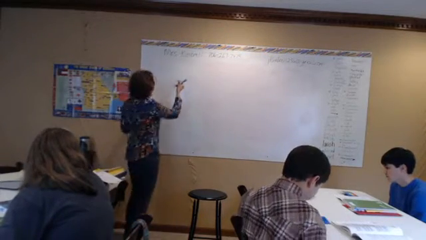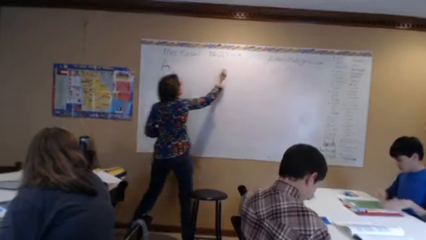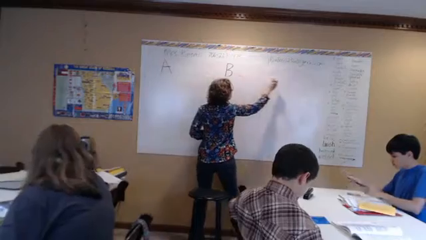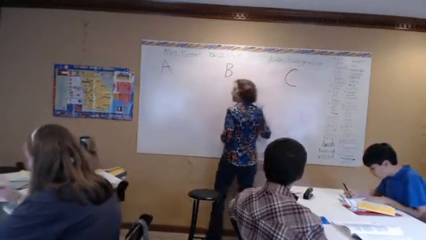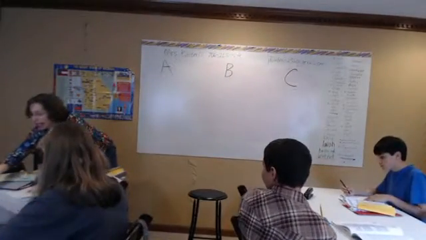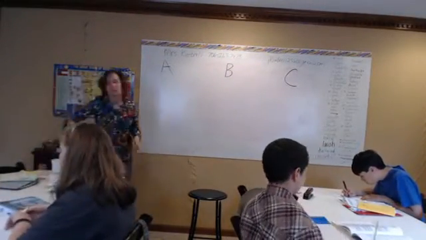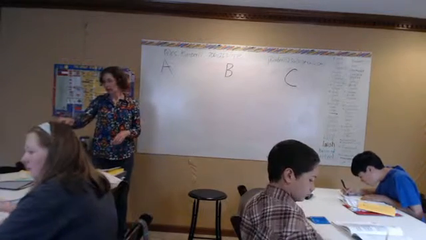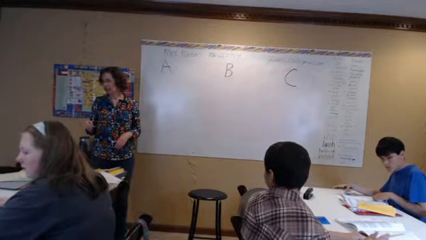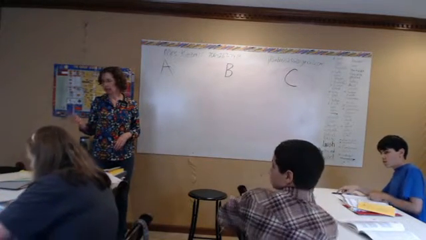Okay, so across the top, I want you to write and separate it out. Put B in the middle of the page and put A and C separated out. Yeah, like that. So put A, B, and C across the page. Okay, Grace, hold that up and show everybody how I showed you to do it.